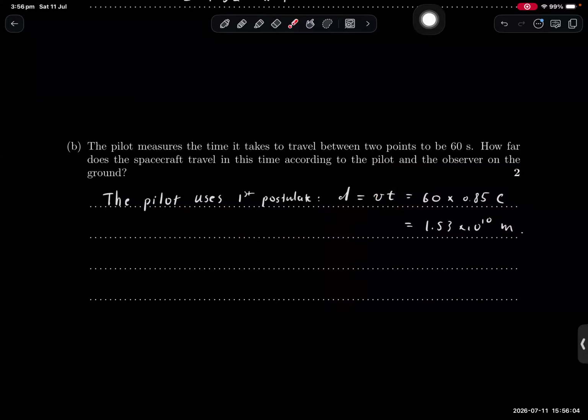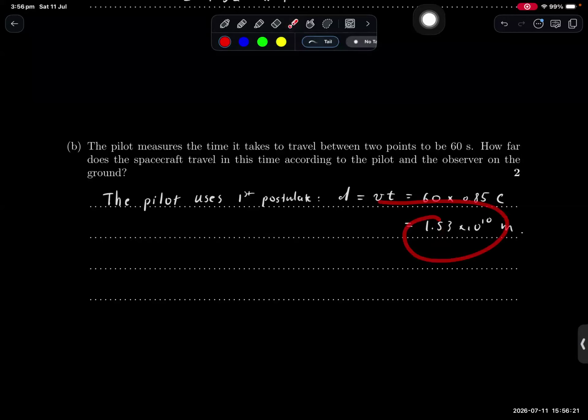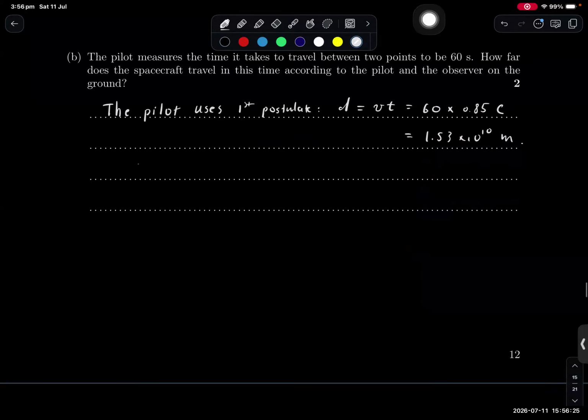However, for the observer on the ground, this distance will be the proper length, right? I didn't calculate for this, so I'm just going to do it now.